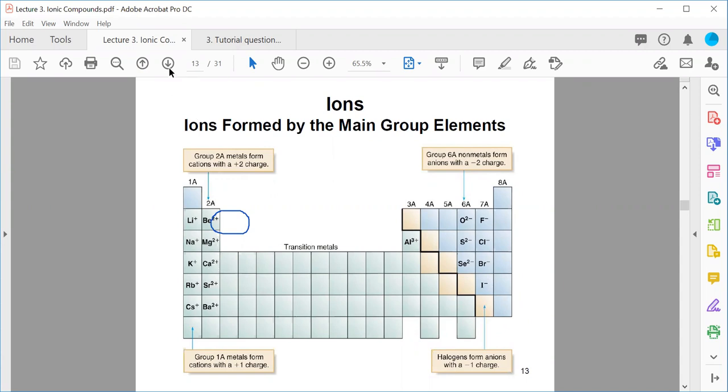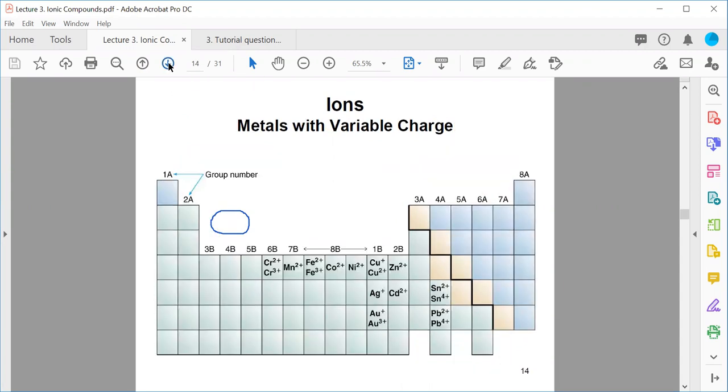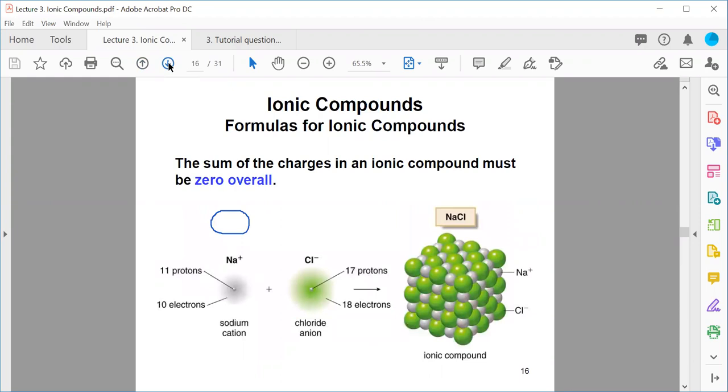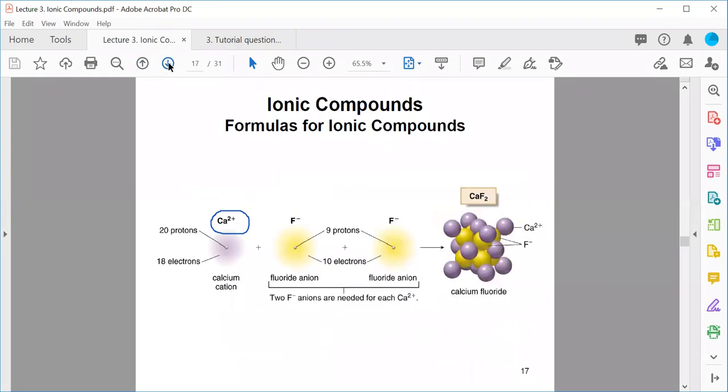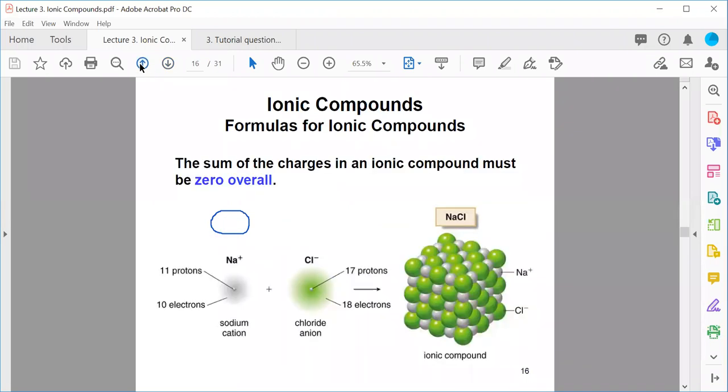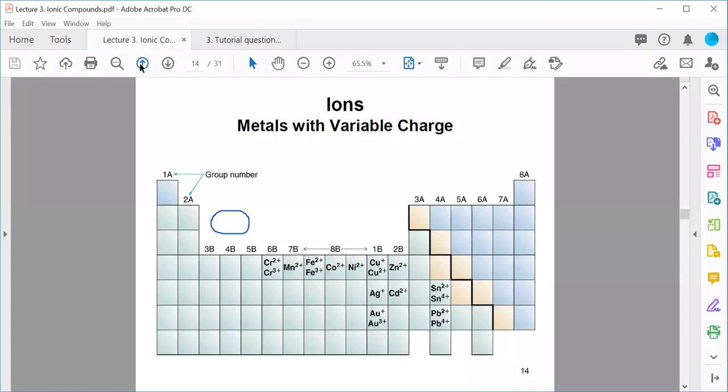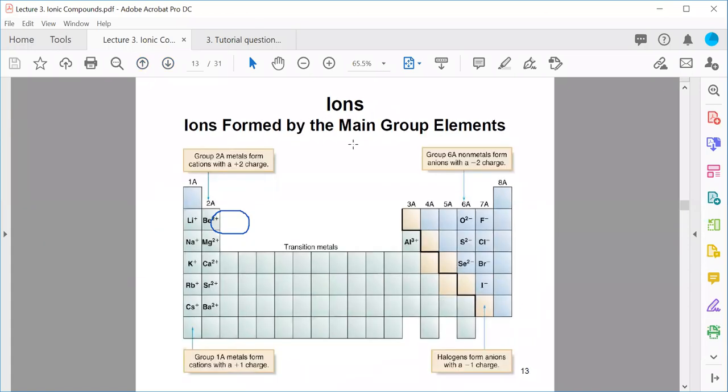Now let's look at the other example. Here we've got fluorine. Is it fluoride or fluorine? Fluoride, because it's charged, we say fluoride. Fluorine is found here on the periodic table, but because it's charged, we call it fluoride.